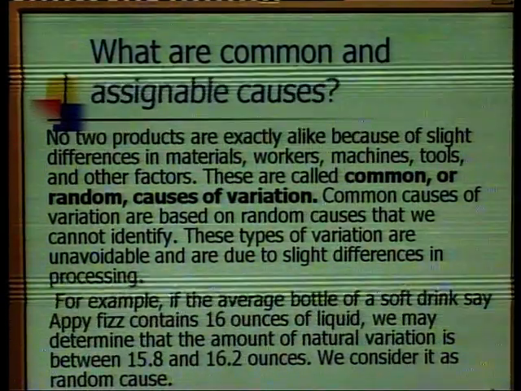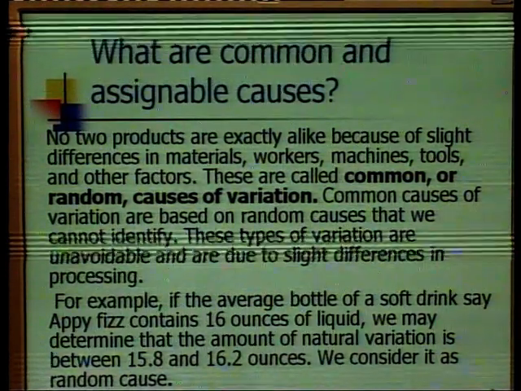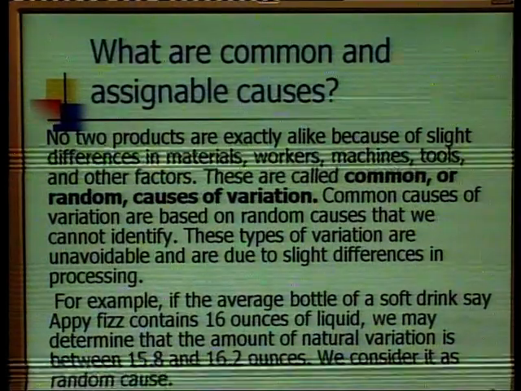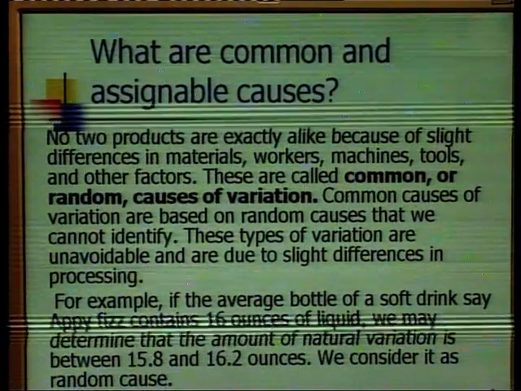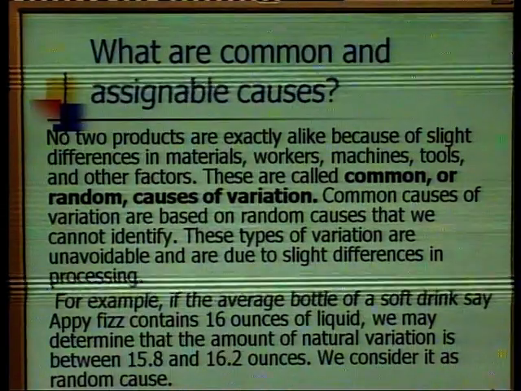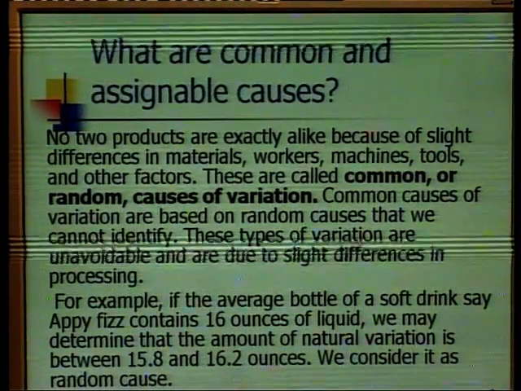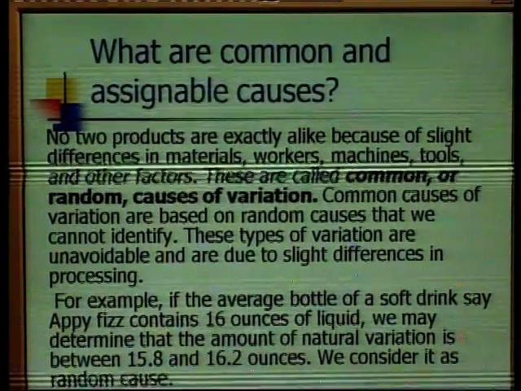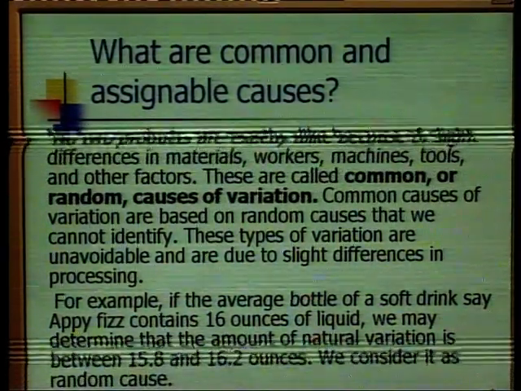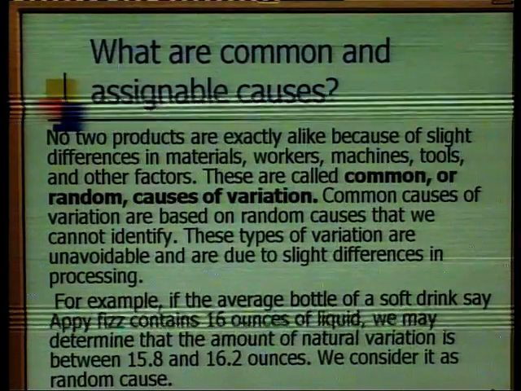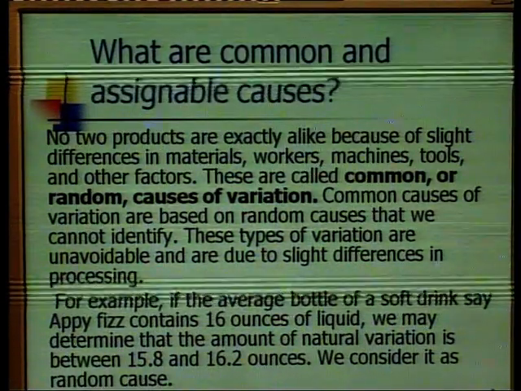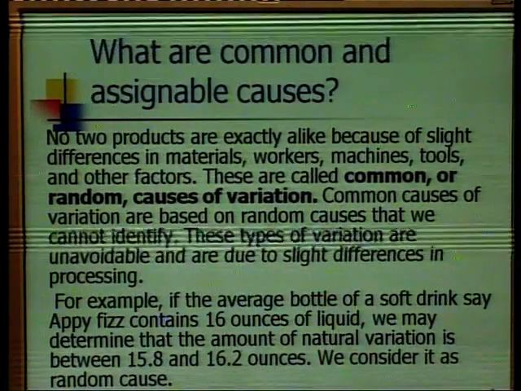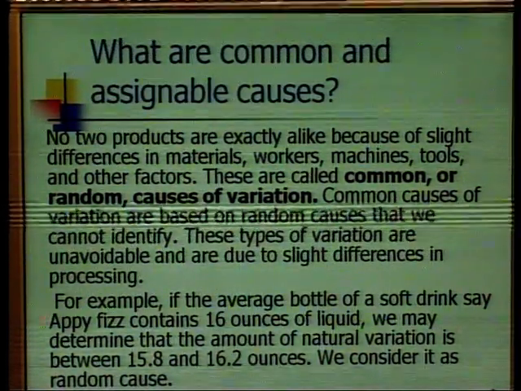For example, if the average bottle of a soft drink, say Epi Fizz, contains 16 ounces of liquid, we may determine that the amount of natural variation is between 15.8 and 16.2 ounces, that is plus minus 0.2. We consider it a common cause of variation, we cannot neglect it, and we consider it a random cause.